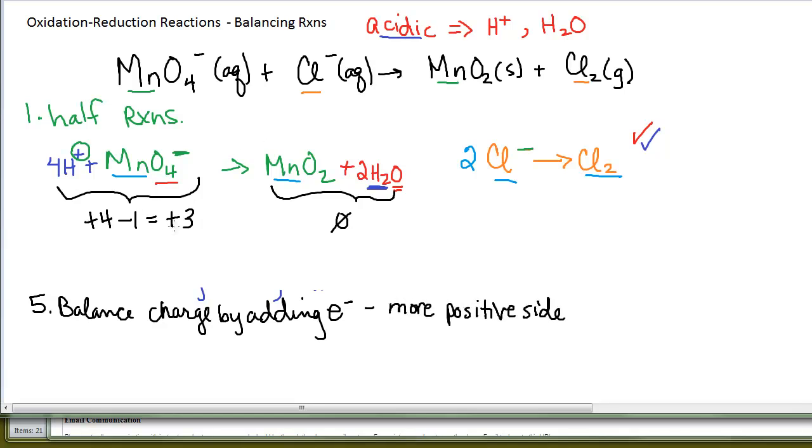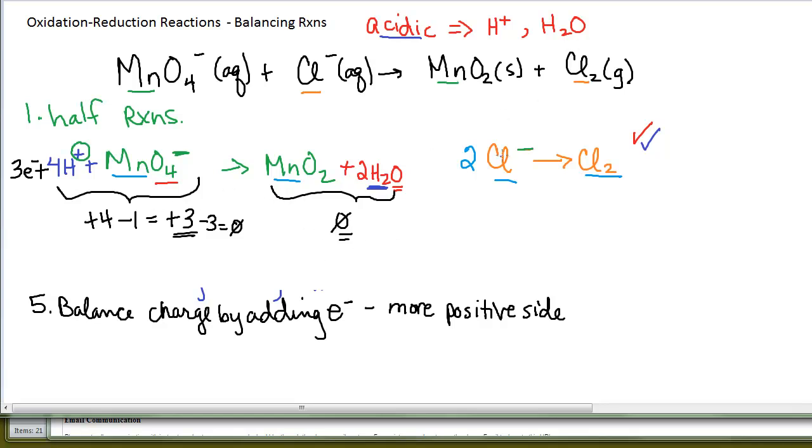This is a +3, this is a 0, so if I add 3 electrons to the left, that will balance the charge, because that would be subtracting 3 from the charge, so now both sides equal 0. Now they don't both have to equal 0, but they do in this case.